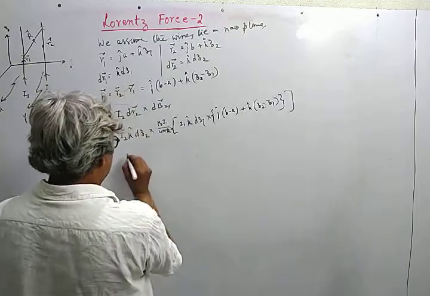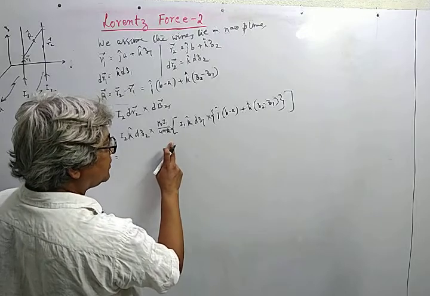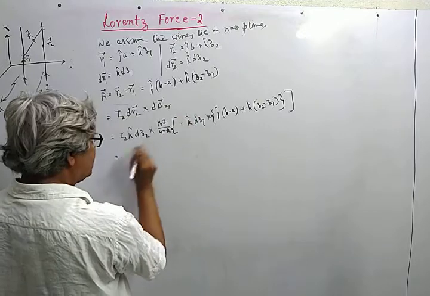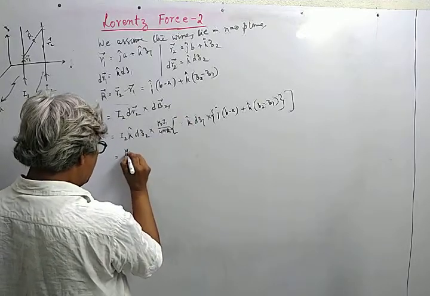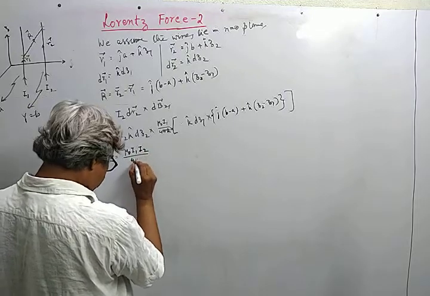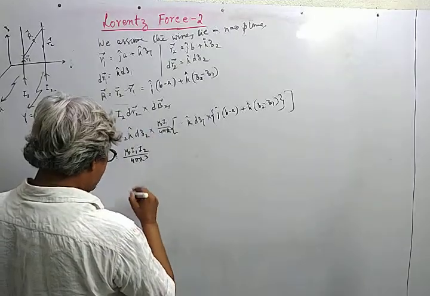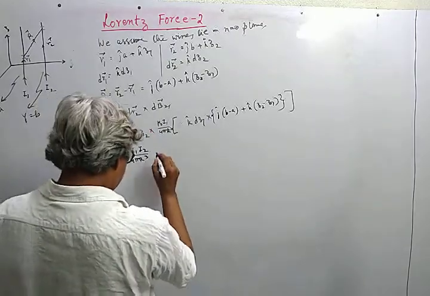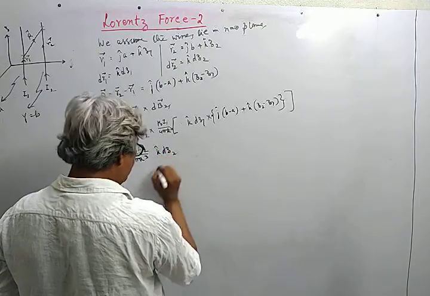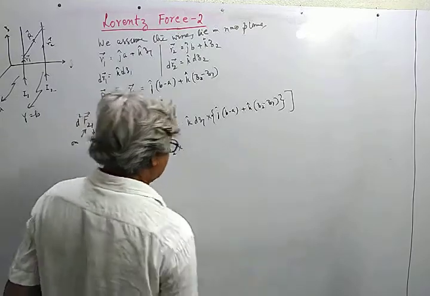now the thing is that I1 has been taken twice, so this is mu 0 I1 I2 by 4 pi r cube, then k cap dz2 cross this part.